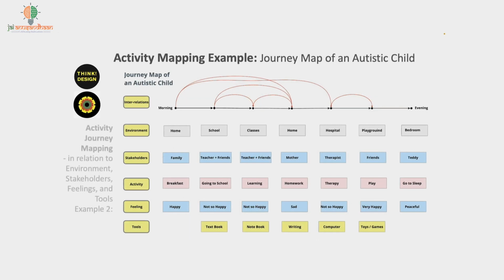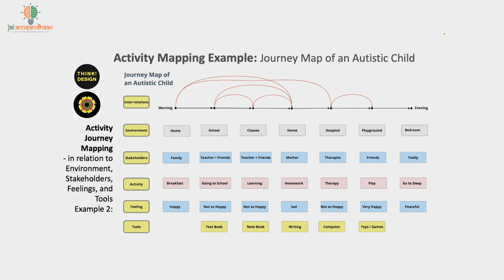Let us have a look at a journey map of an autistic child. You will see that it starts from morning till evening, so you have the timeline over there, and you also put in the environment, the relationships or the stakeholders, the different activities the child has to go through, the feelings the child has, and probable tools the child might be using.